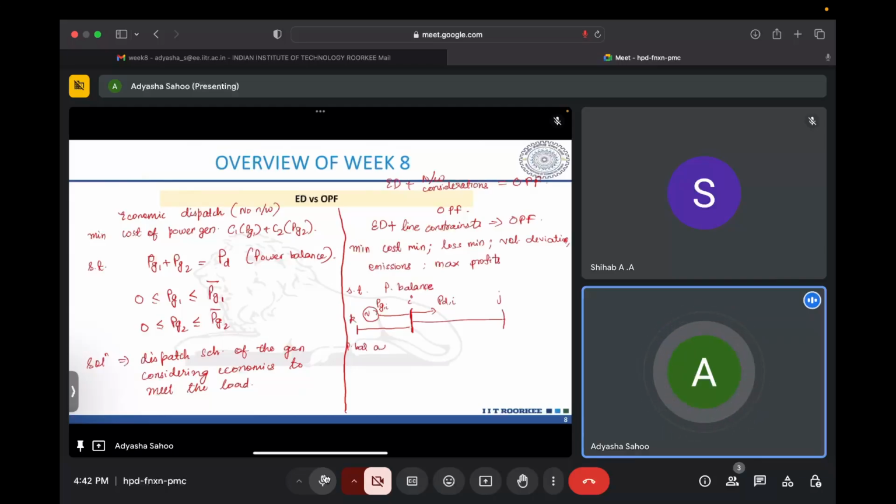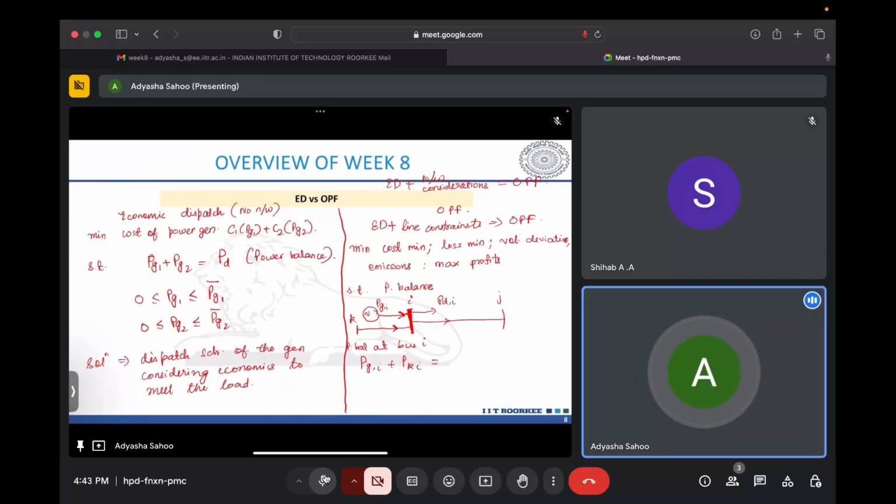Power balance at bus I, basically we see the direction. We see which powers are injected into this bus, that means that are going into the bus. That is nothing but your PGI plus PKI.